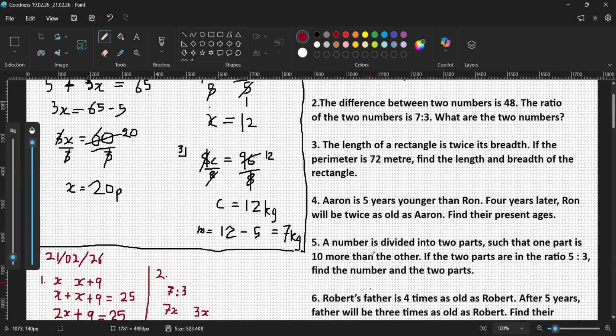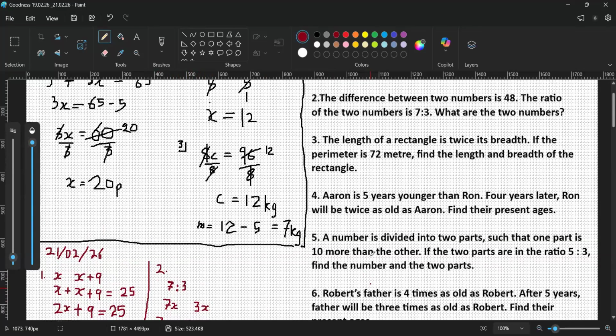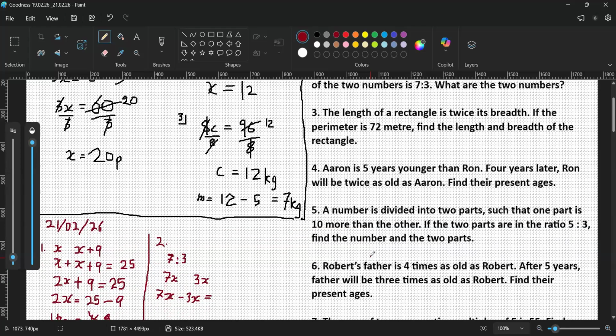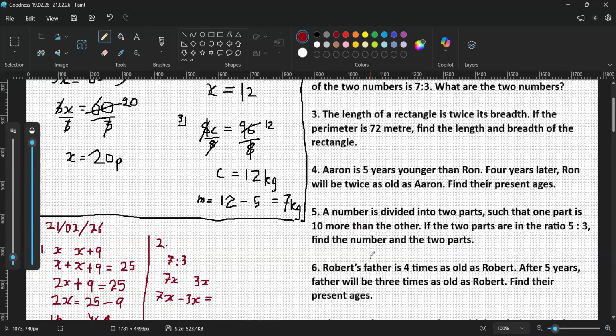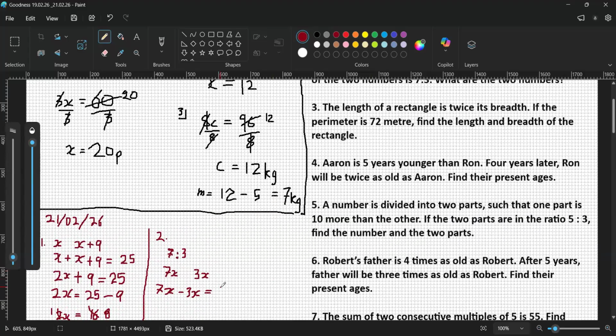Do you want to take a look at the question again? 7x minus 3x equals 48. Exactly. So 4x equals 48. Yes, correct.